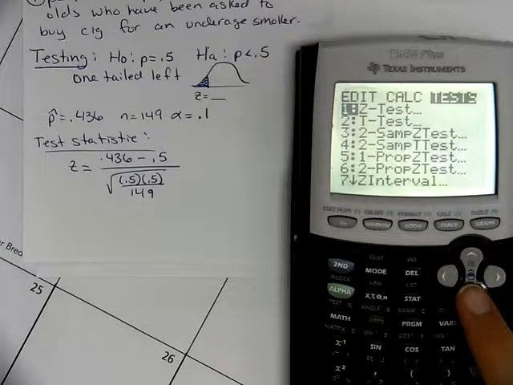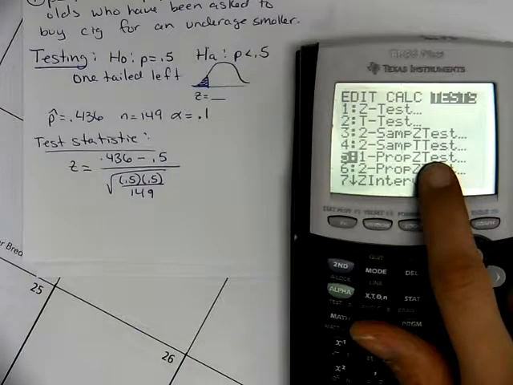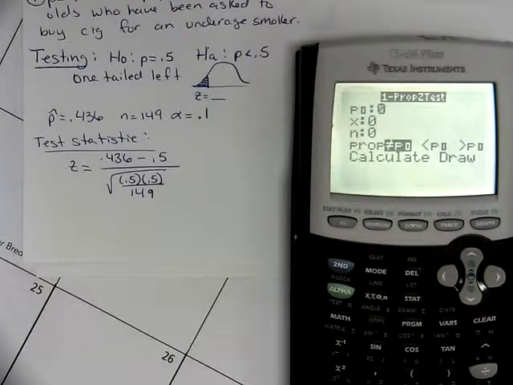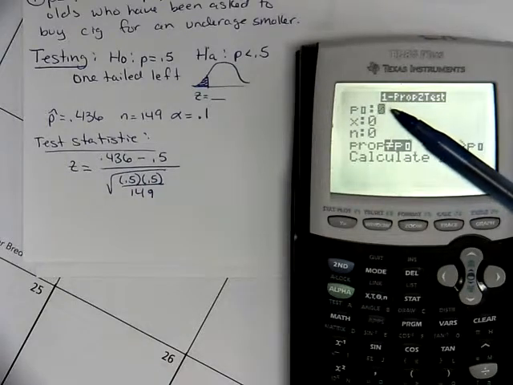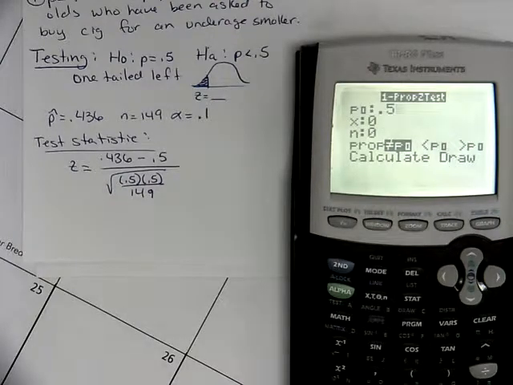So, go over to tests. We're doing a 1 proportion z test, so test 5. So your p sub 0, that's your H0 and Ha, so 0.5. Now, in the calculator, you have to give me x over n.